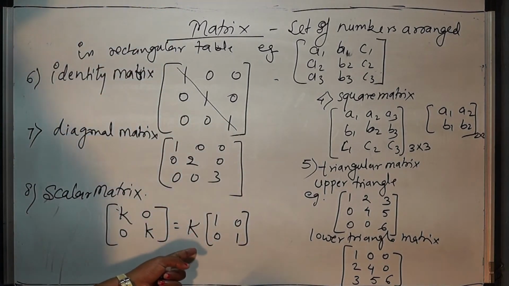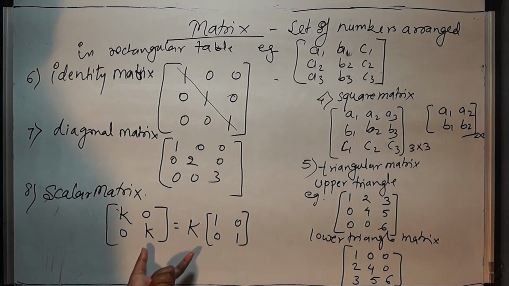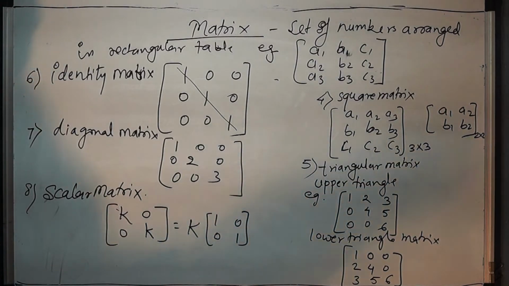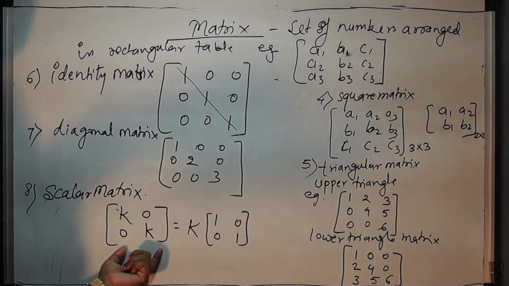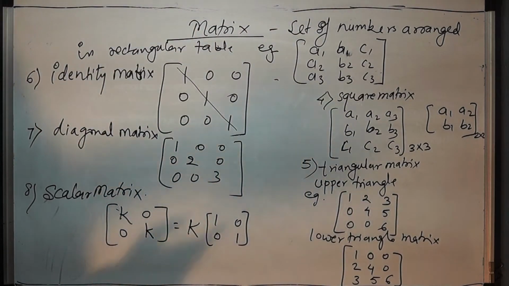K you take common, then the remaining matrix is identity matrix. So this is called a scalar matrix. It can be 2 by 2, it can be 3 by 3, but it should be a square matrix with same elements in the diagonal.